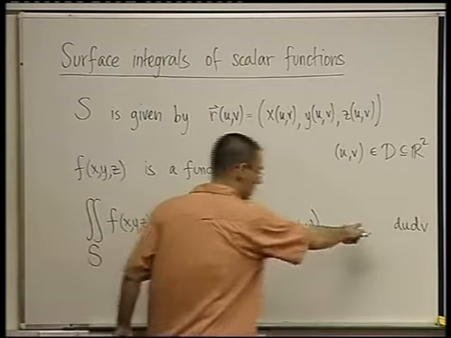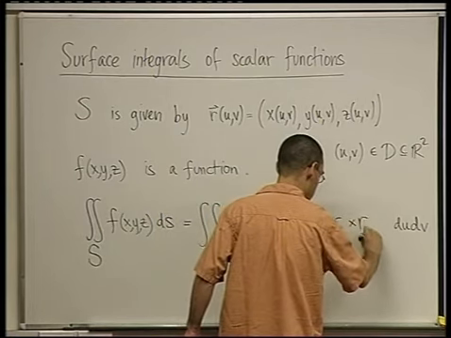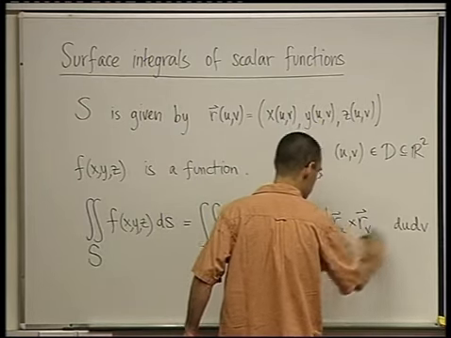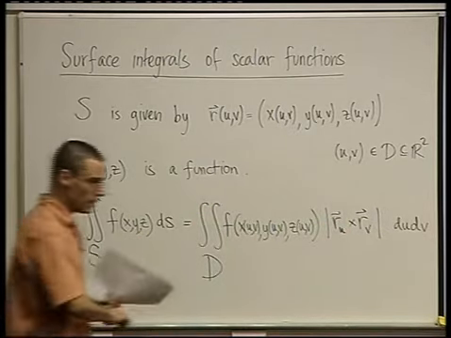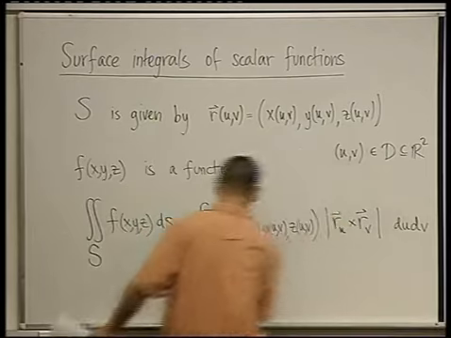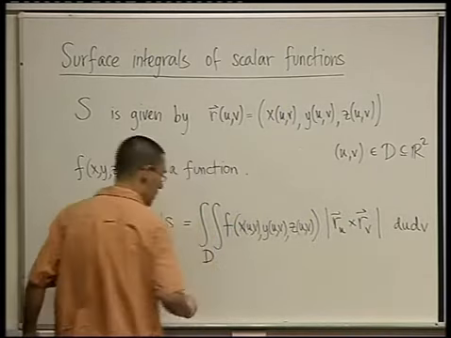And here I'm going to throw in the length of the normal, Ru cross Rv, and this is it.